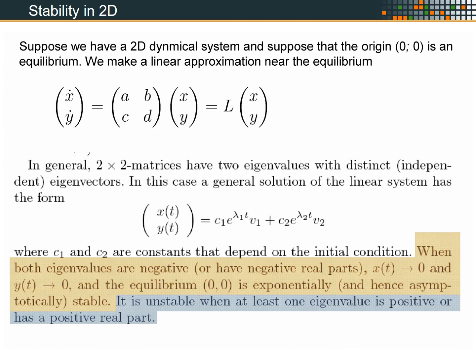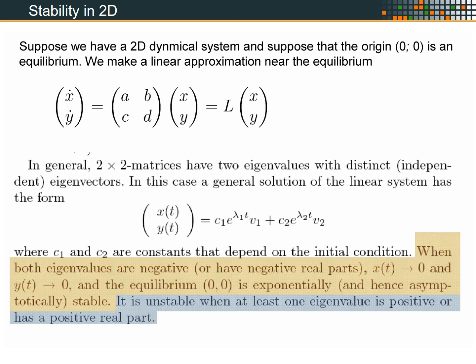As a matter of fact, we can now use only lambda 1 and lambda 2 to describe stability. With the very same reasoning as before, we can also use the idea from the last slide to characterize stability by just looking at lambda.